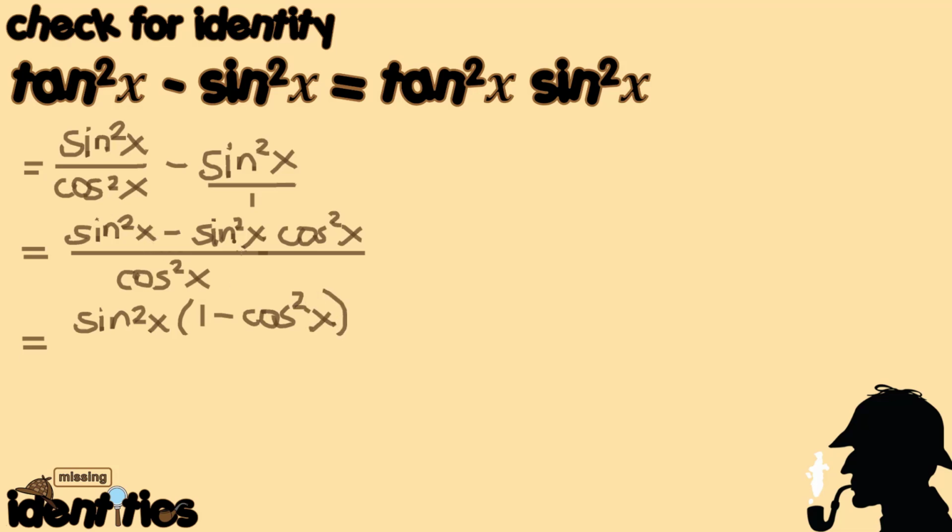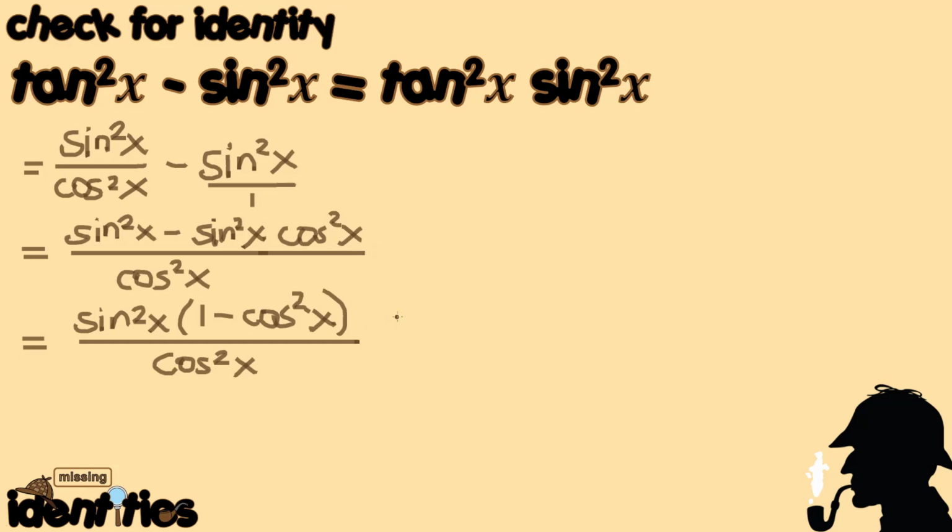Take note, we factored out sine squared x of our numerator. This is all over your same denominator of cosine squared x. The question now is, what is the next thing to do? Take note that we have here a product of a monomial and binomial, and if we multiply that, you'll just return to your previous equation.